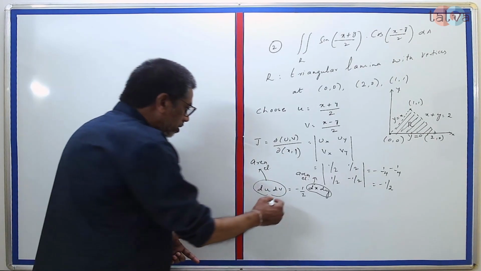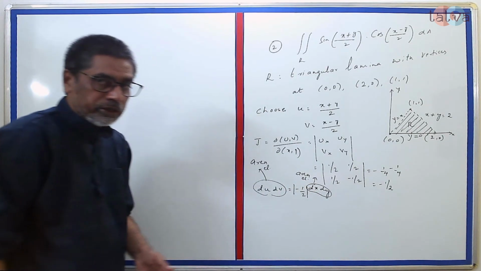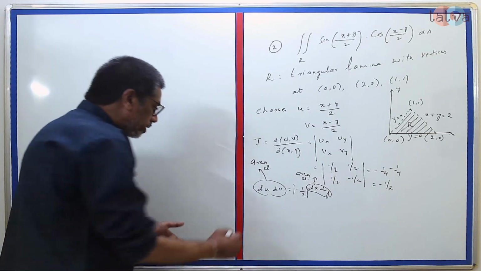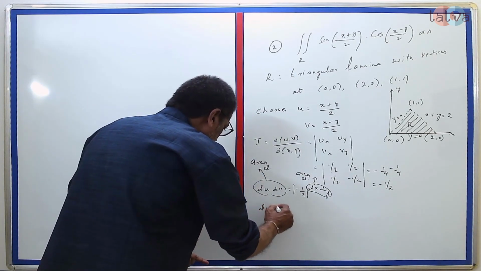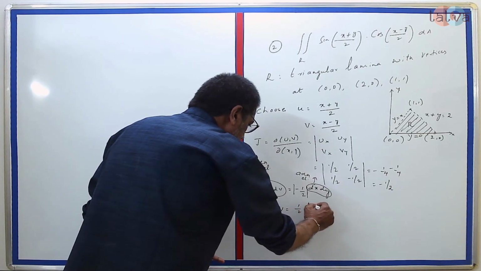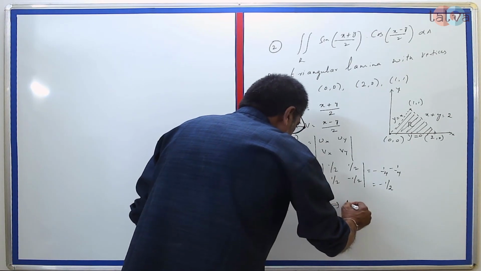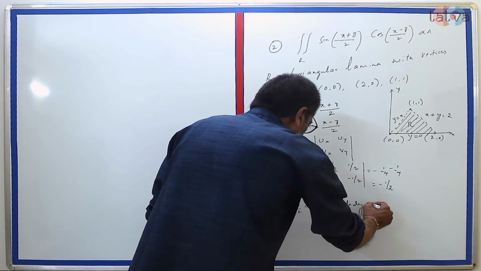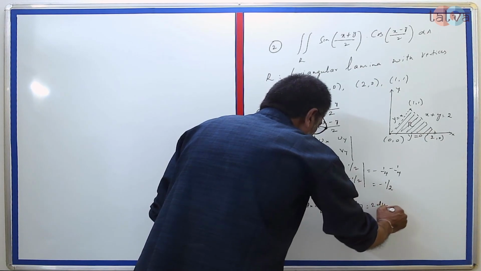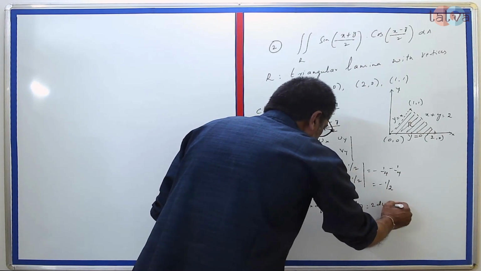Therefore, we use a modulus symbol there for the Jacobian. So du dv is equal to half dx dy, which would give me dx dy is equal to 2 times du dv.